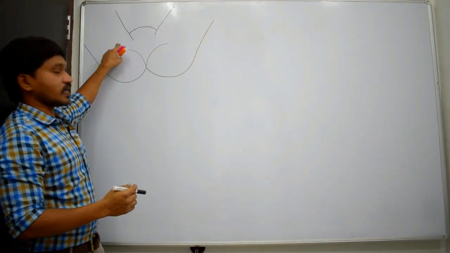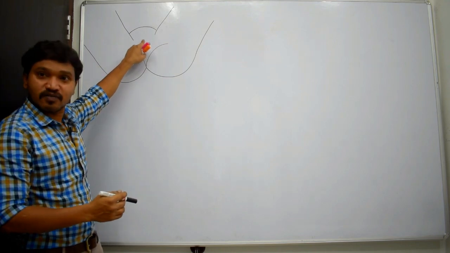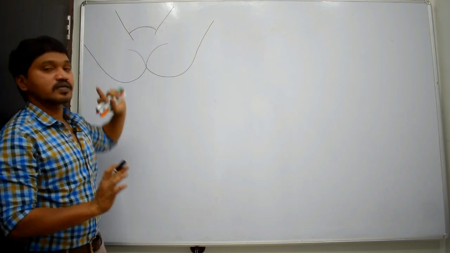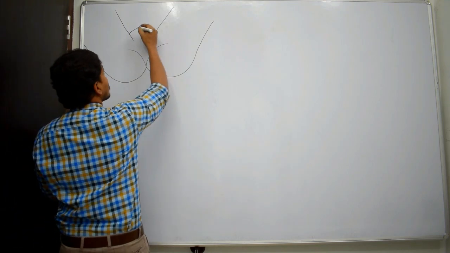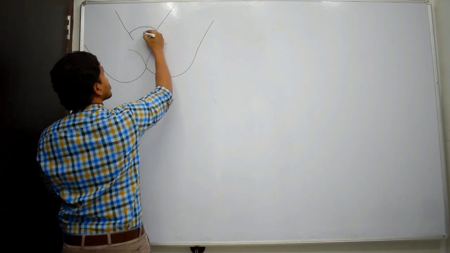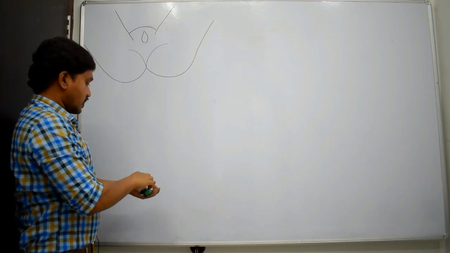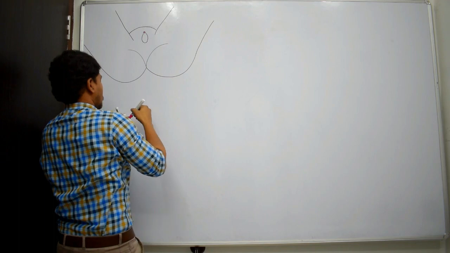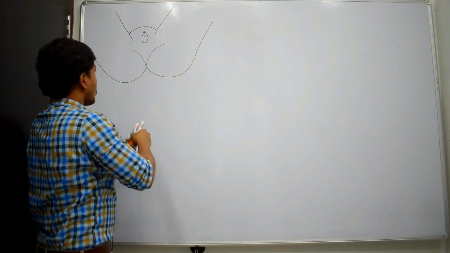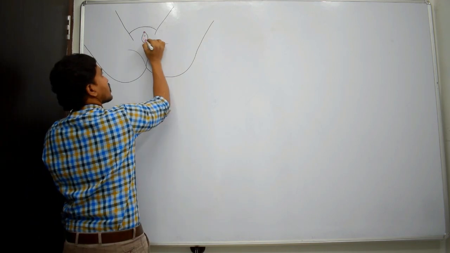In between the two thighs and at the lower part of the trunk, this area is the perineum, right? So let me draw the vulva here. This is the vulva. Here you can find the clitoris, this is the urethral orifice, and here the vaginal orifice.